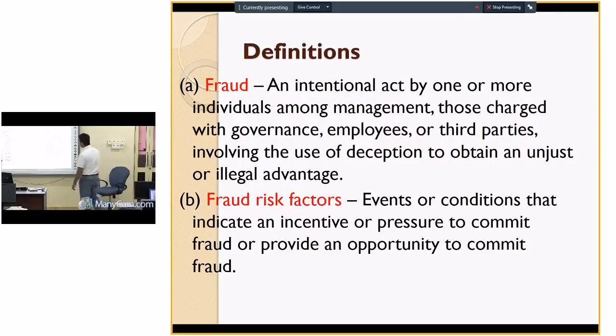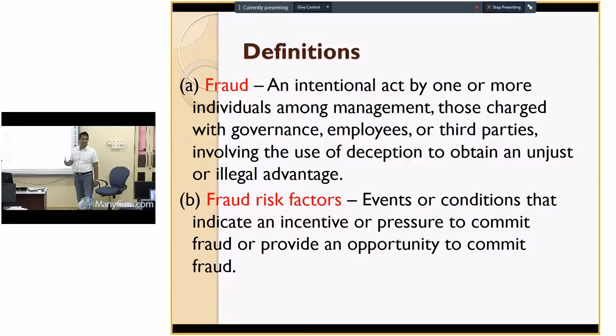As we discussed, fraud risk factors are events or conditions that indicate an incentive or pressure to commit fraud or provide an opportunity to commit fraud. Right? So, for example, there is no specified date to deposit the money to our bank account. So what is that?